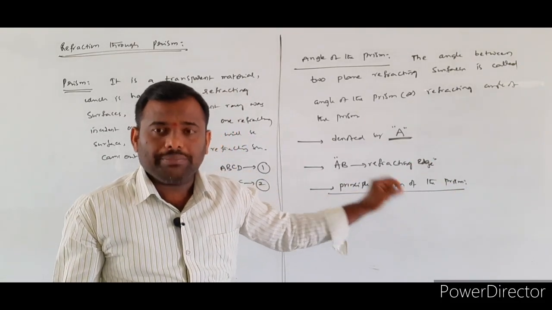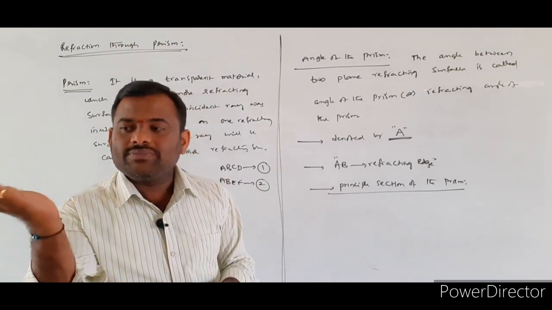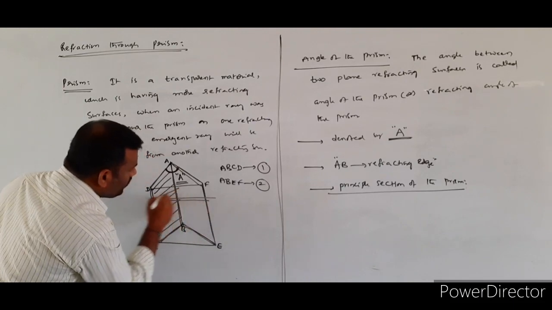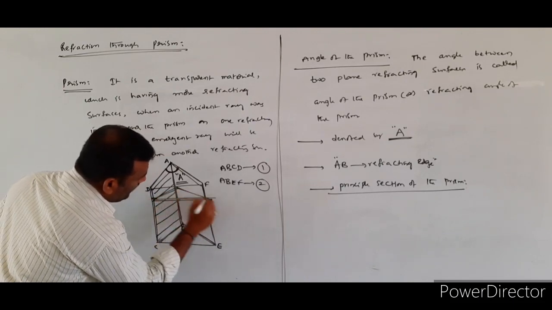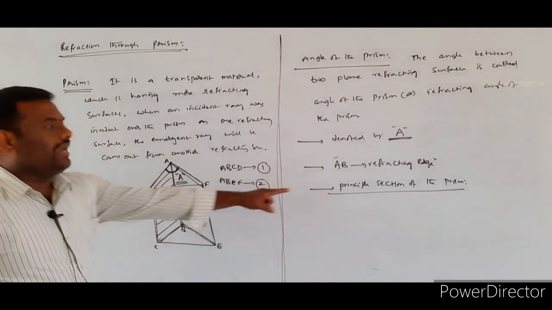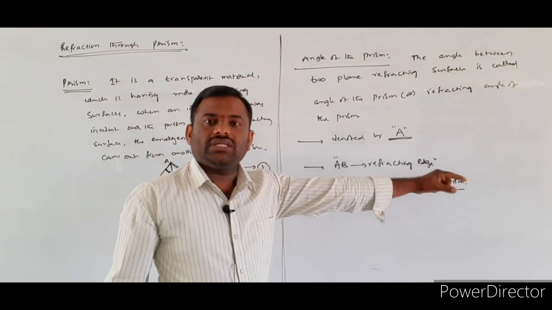Once again, if you take a small slice, which is perpendicular to the refracting edge, this small slice of the prism will be calling as the what? Principal section of the prism.